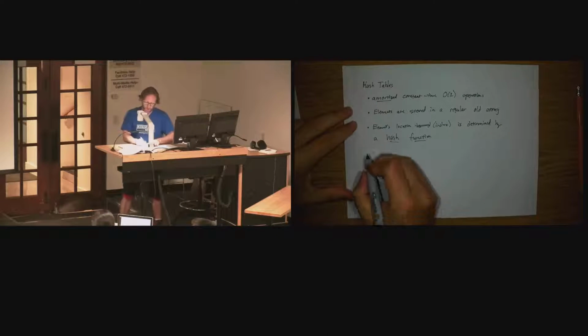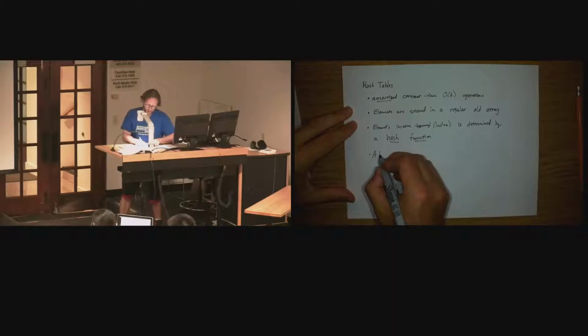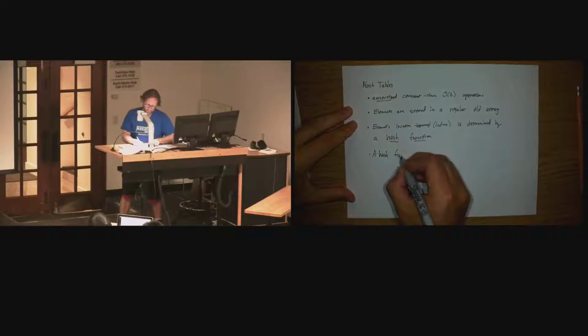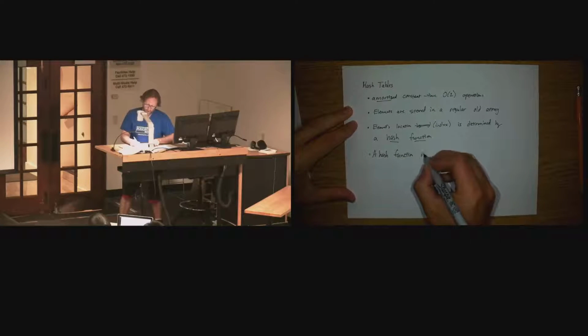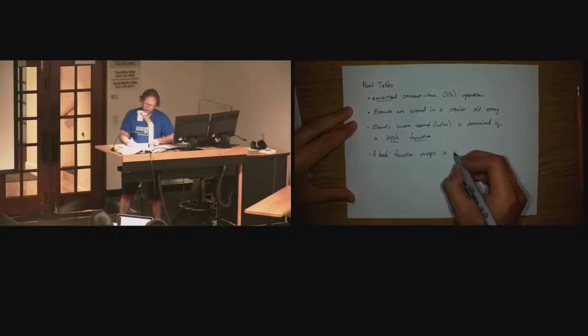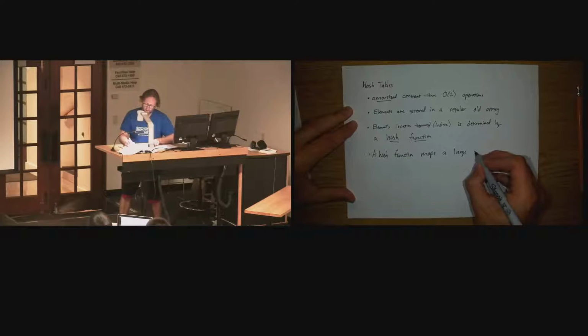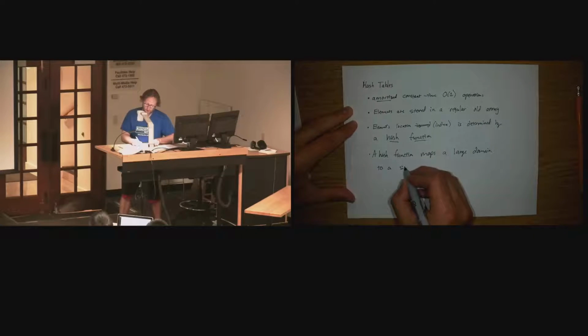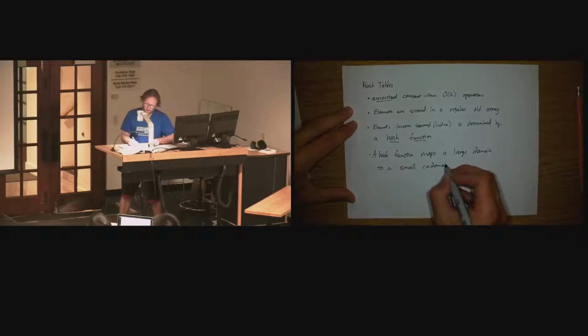A hash function maps, it's a function, so you've got a mapping, a large domain to a small codomain or range. You can look at it like this. There's a big domain over here, and then there's a much smaller finite codomain over here.